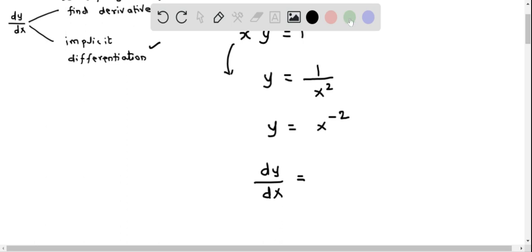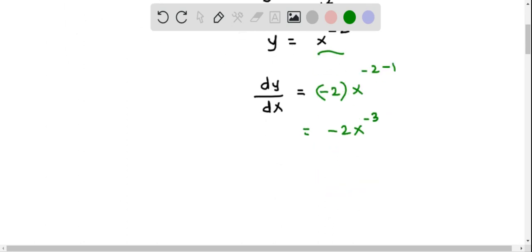And this equals, we find the derivative of x power minus 2 using the power rule of derivative. That is, we put the power in front and then raise x to the power of negative 2 minus 1. So let's simplify this. And this equals negative 2x raised to the power of negative 3. We can write this in positive powers of x.